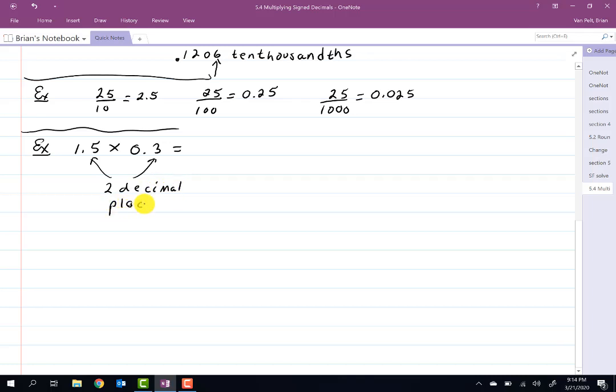So whatever answer I get, I am going to move the decimal to the left 2 places. So all I do is I do 15 times 3. You'll find that that's 45. I think most people could do that. Now with the decimal being after the 5, because it's like 45.0, go to the left 2 places, and the decimal belongs in front of that 4. So you get 0.45.